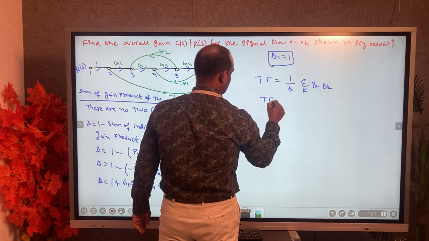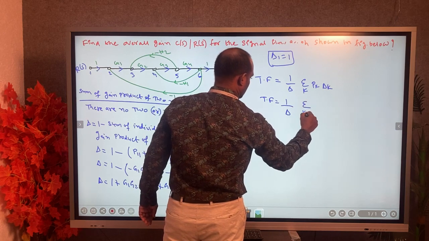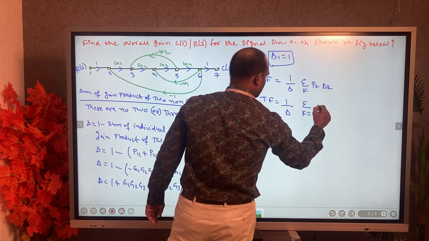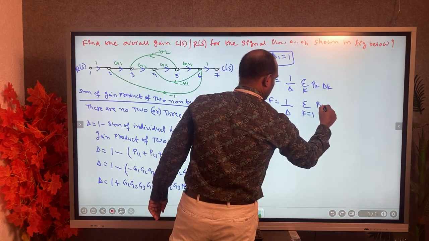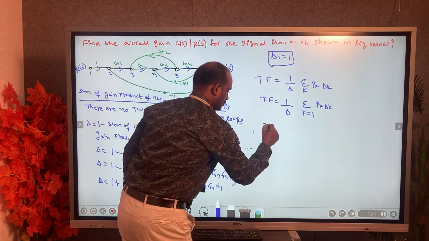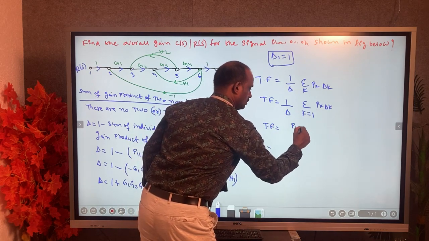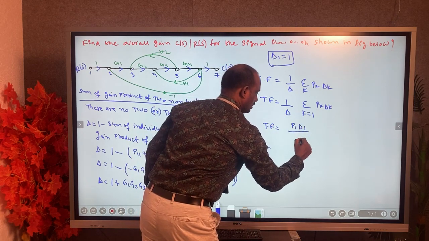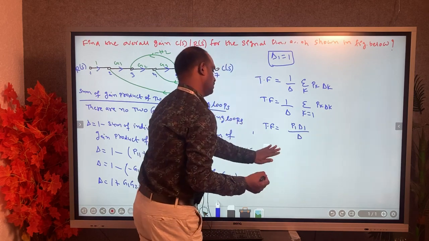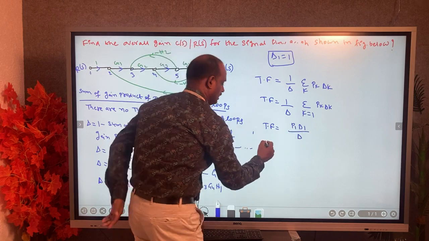So substituting, the transfer function equals P1 delta 1 by delta. We have already derived P1, delta 1 and delta.